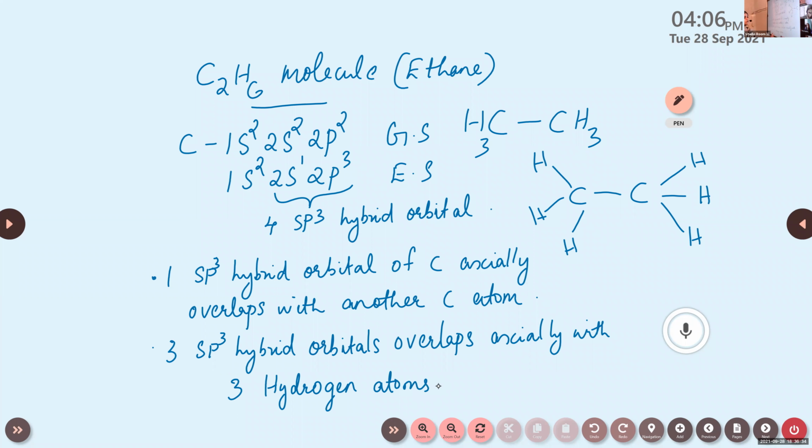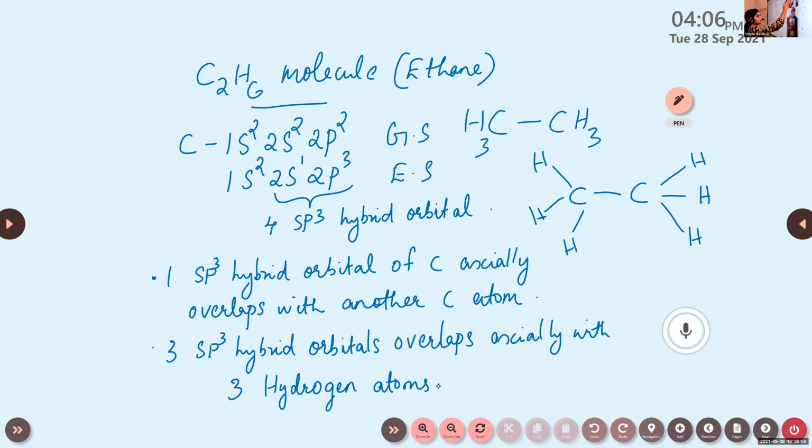The same thing happens in both carbon atoms.